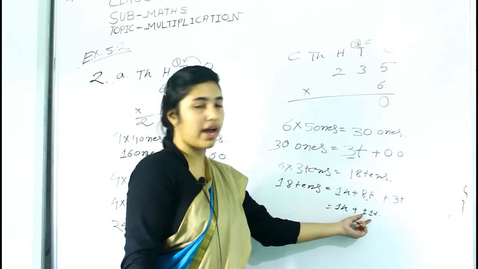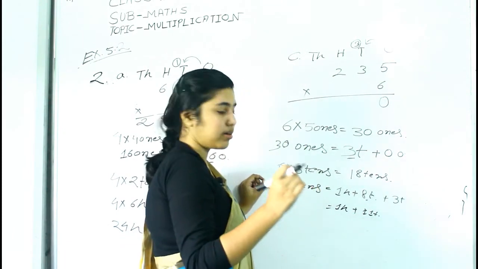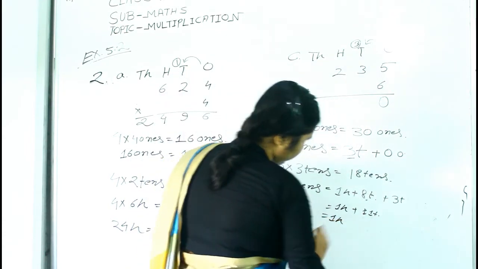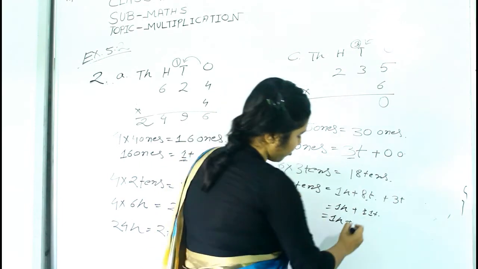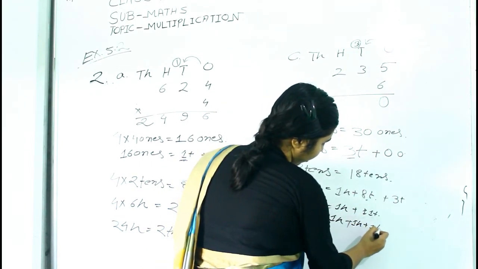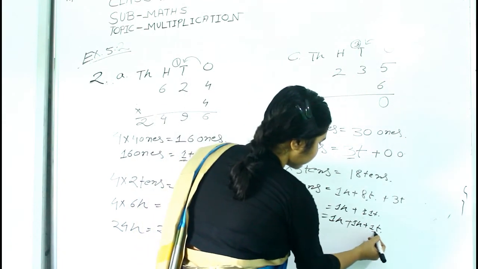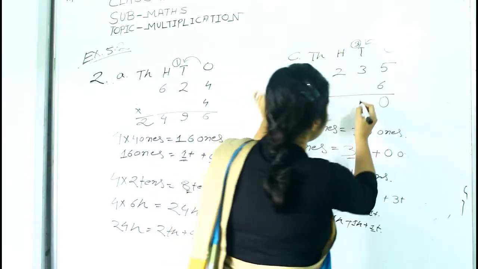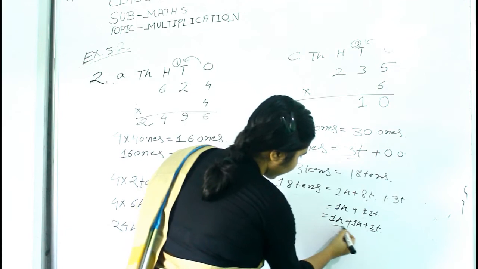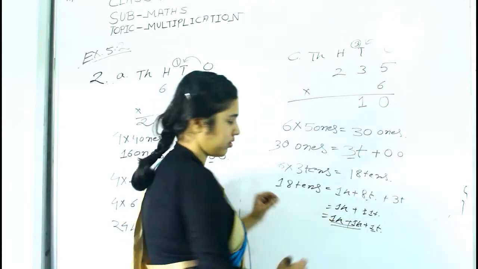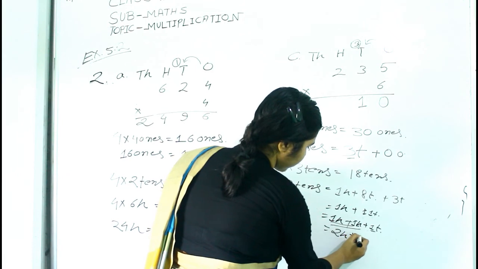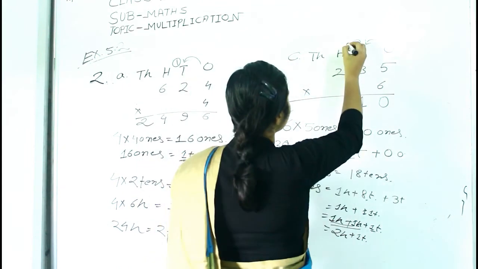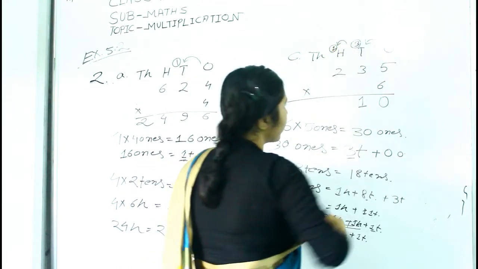So again we can write 11 tens as 100 plus 1 ten. Now write this 1 in the column of the tens place. And add 100 plus 100, which is 200. Now carry this 2 to the 100 place.